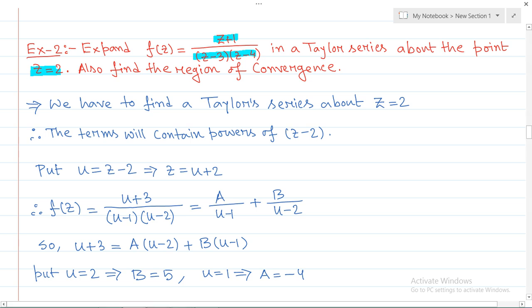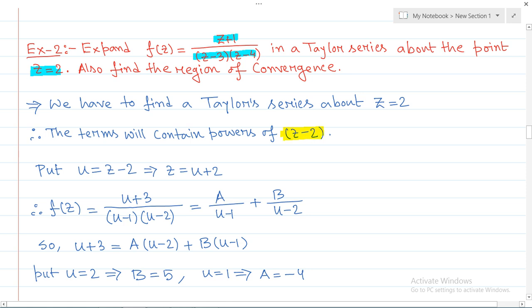So for this type of question, how will we approach the problem? If it is given that about z equal to 2, we have to find the Taylor series, we have to substitute something in place of z equal to 2. So what should we substitute? Since the Taylor series is about z equal to 2, each and every term of the Taylor series will come in the power of z minus 2.